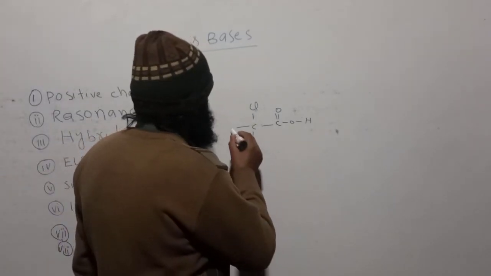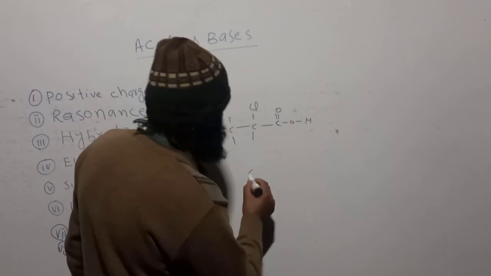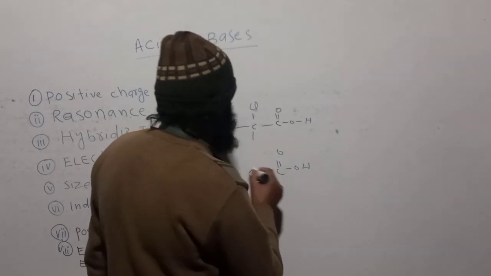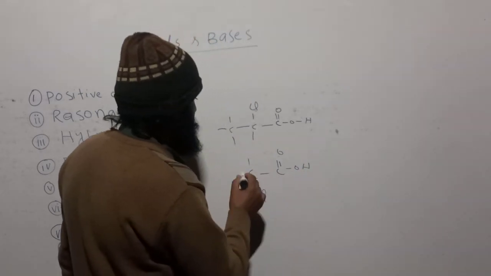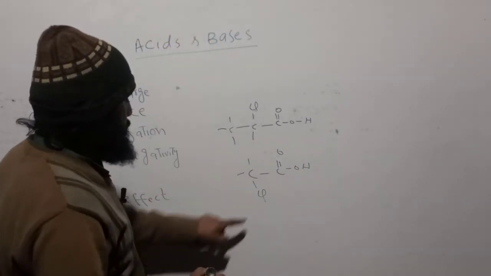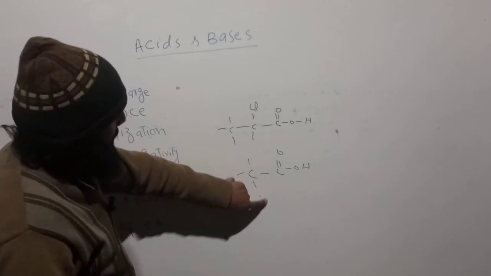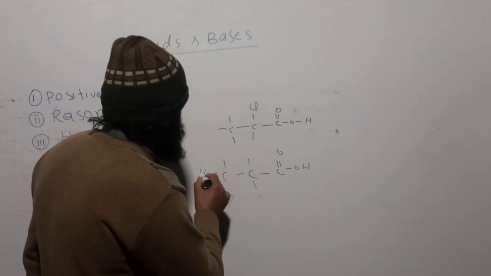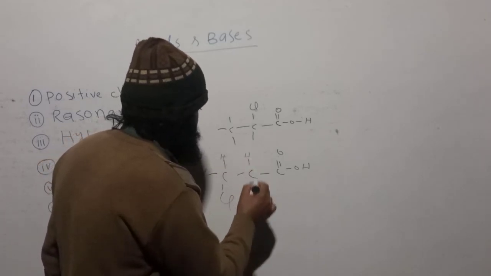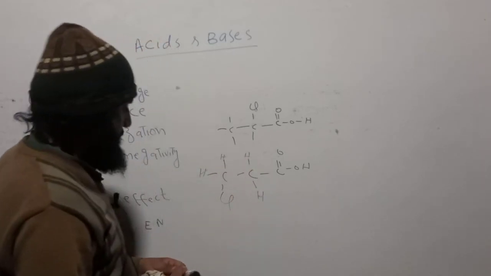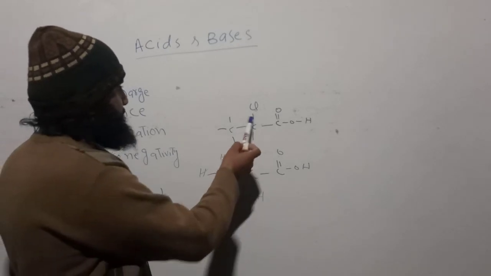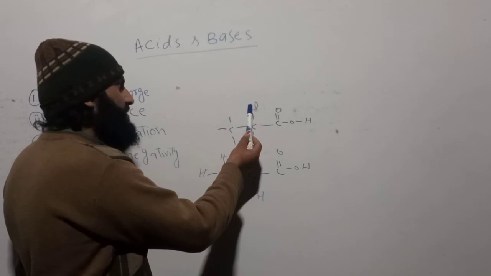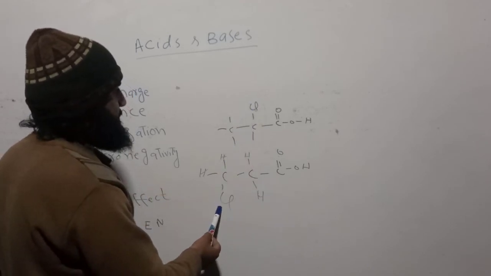And this is also an acid. So you can see here, these all are hydrogens. So in this case the electronegative atom is nearer than in this case.